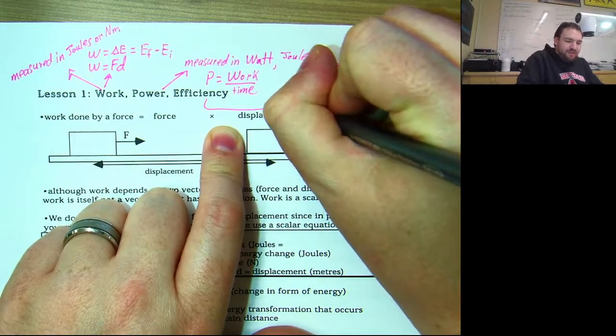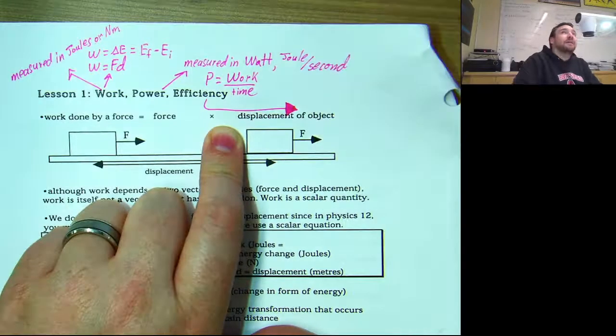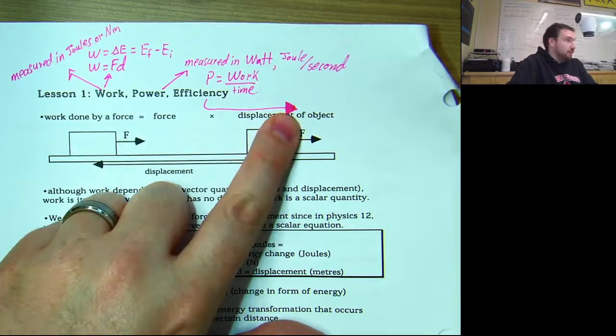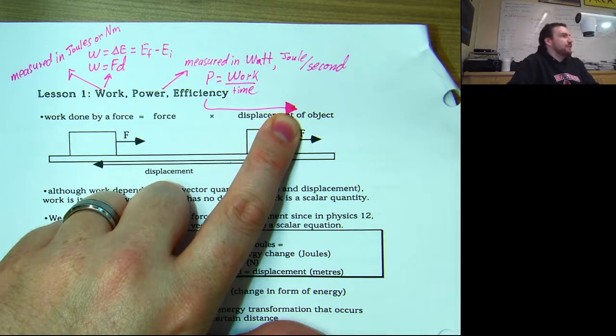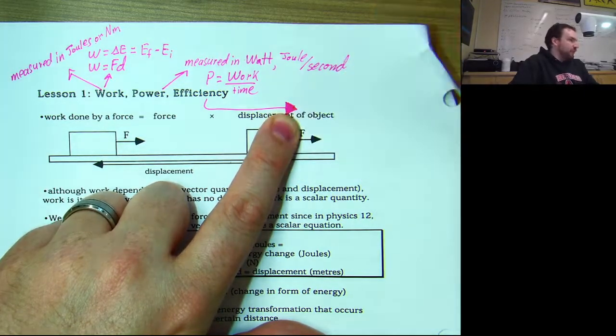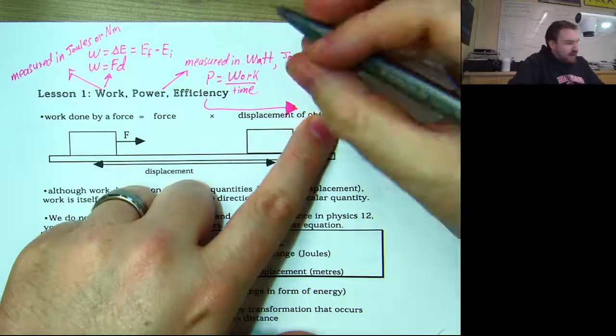This one, someone already said we didn't spend a ton of time on efficiency. That's okay. What's efficiency? Yeah, basically it's how much energy actually makes it to the useful end. So you're talking about how much isn't wasted. There's a few different ways to formulate that.